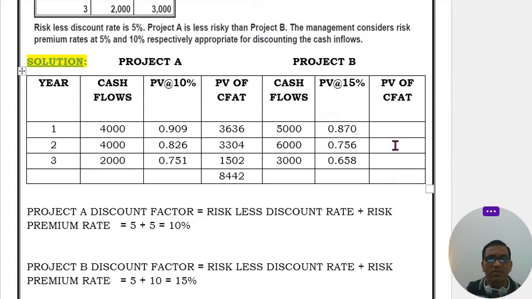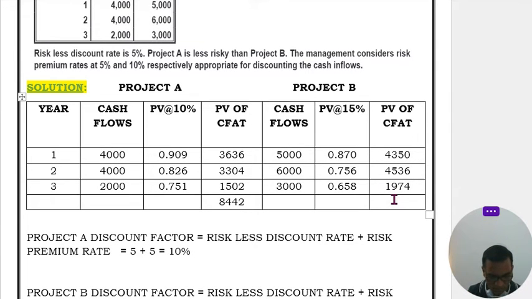Next, for project B, PV of CFAT: cash flow multiplied by PV at the rate of 15% table values. 5,000 multiplied by 0.870 is 4,350. 6,000 multiplied by 0.756 is 4,536. 3,000 multiplied by 0.658 is 1,974.